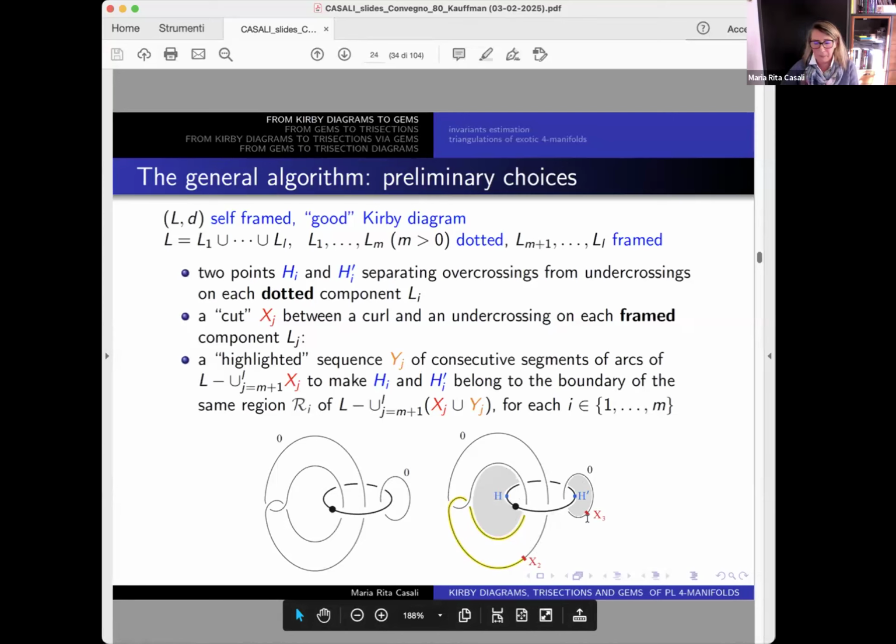For example, in this picture, the gray regions will merge into a unique region if we delete both the red cuts X and the yellow arcs. And so H and H prime belong to the same region of the plane.